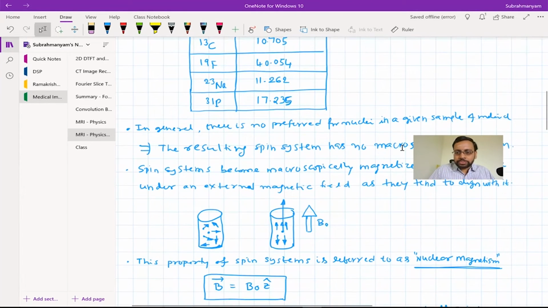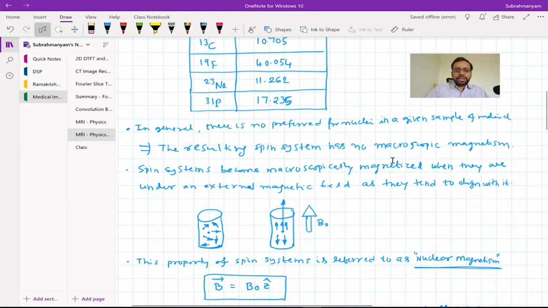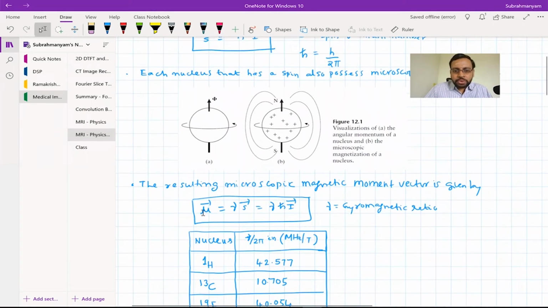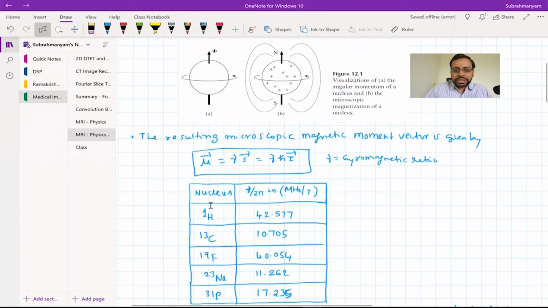Now, as we were shortly seeing, all of these atoms are spinning in their own orientations. If you want to see the whole magnetic moment, this mu bar, the magnetic moment, is a vector quantity.